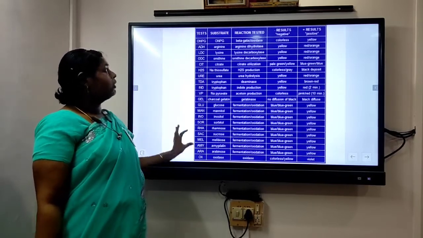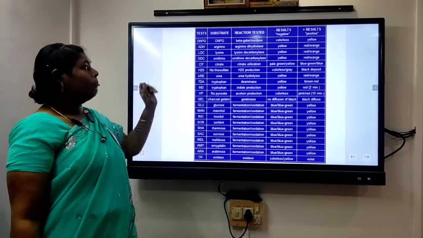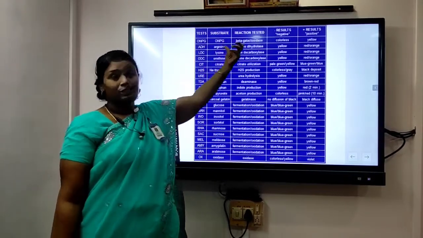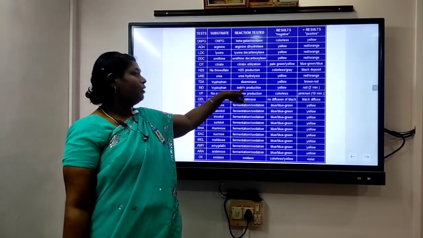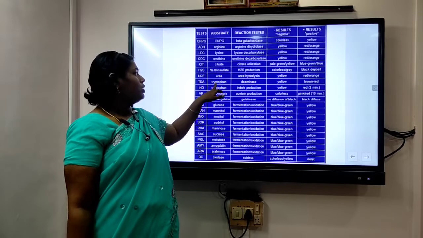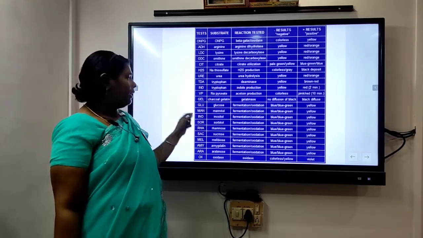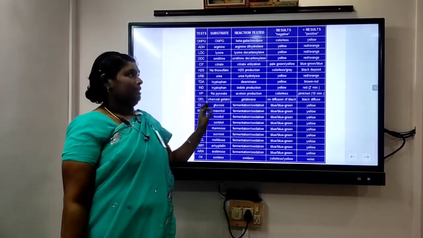Likewise, a number of different tests are available in the analytical profile test. So here is the test we are going to detect, and what type of reaction will be done in that cupule. For example, tryptophan means indole production can be detected. In that process, the aminase can also be detected. Likewise, each and every cupule contains its tested reaction.